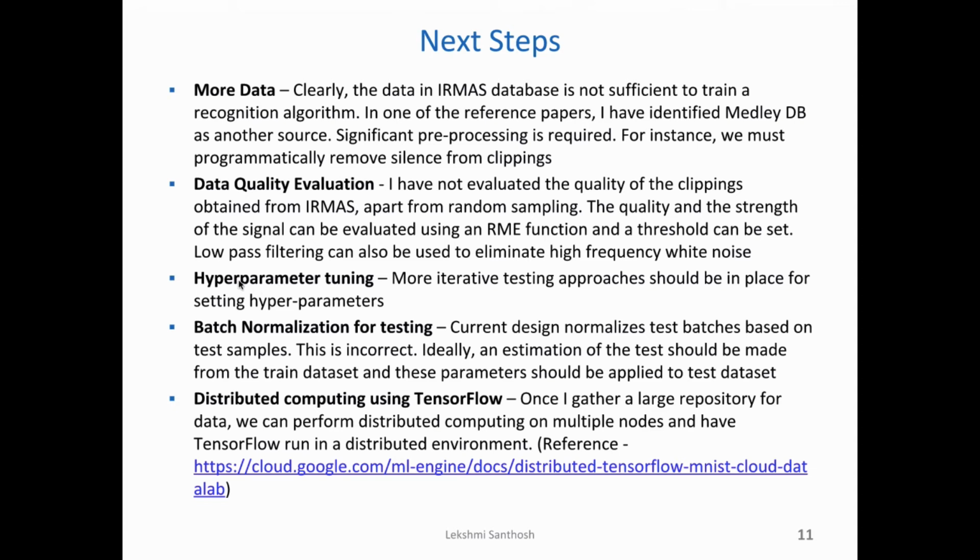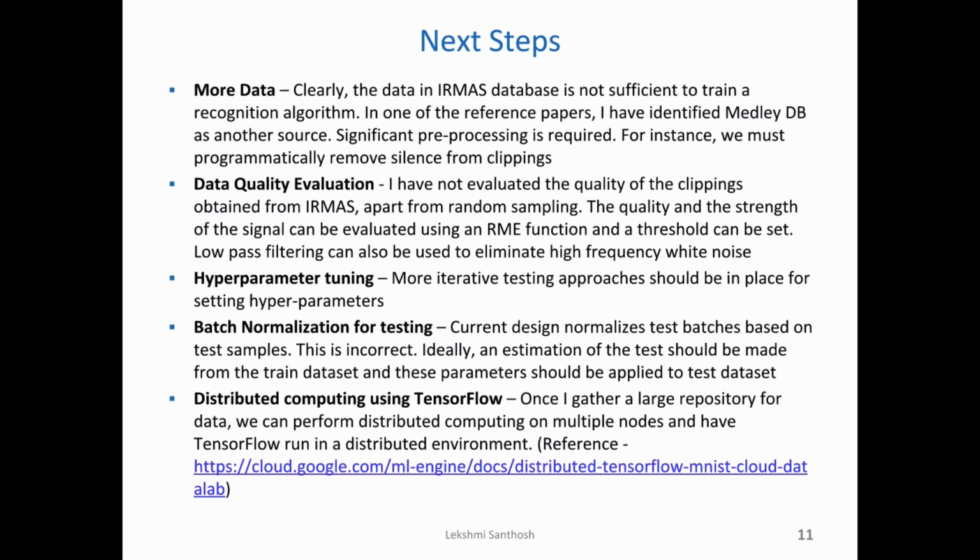Hyperparameter tuning is also something which I definitely want to invest in, by using iterative methods. I want to identify the best hyperparameters for which the model performs the best. Now, the fourth improvement which I want to make is batch normalization for testing. So currently I'm using the test parameters for batch normalization.